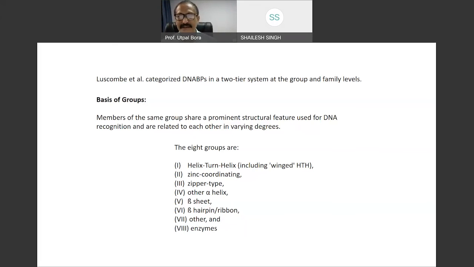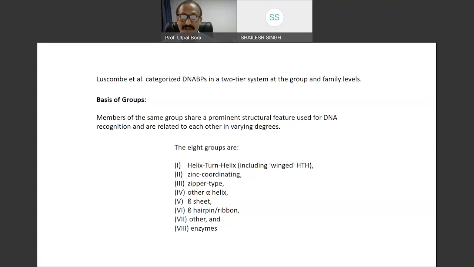So using these structural features, Luscombe et al. and prior workers did the taxonomic classification of the DNA binding proteins and found that they belong to 8 different groups, like the helix-turn-helix proteins, which also include the winged helix-turn-helix proteins.